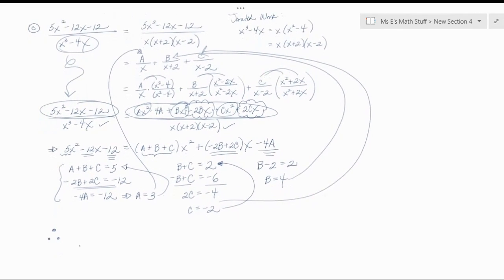Sorry, wrong class. 5x squared minus 12x minus 12 over x cubed minus 4x could be broken down into, A was 3, so 3 over x, plus B was 4, so 4 over x plus 2, and C was negative 2, so negative 2 over x minus 2.